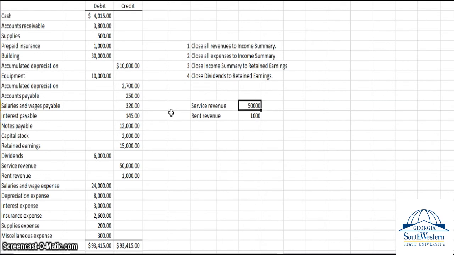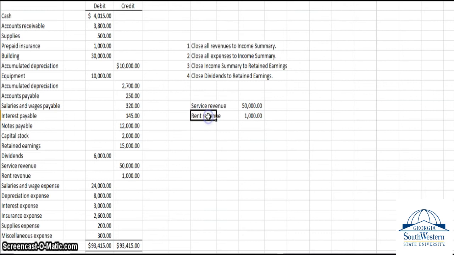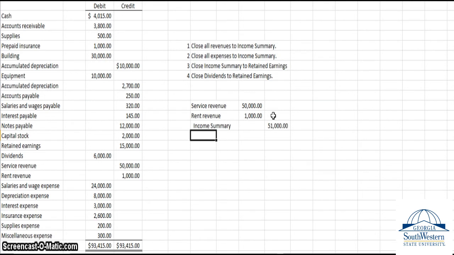When we do that, those accounts will now be zero because service revenue has a credit balance of $50,000 right now, and rent revenue has a credit balance of $1,000 right now. We want them to be zero, so we debit them. And then we're going to close them to income summary. So that totals up to $51,000.